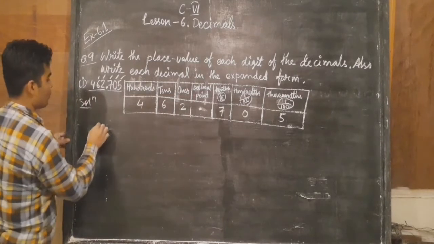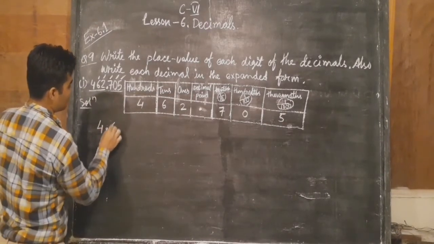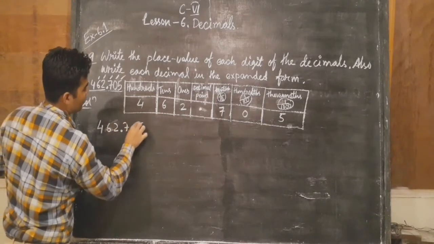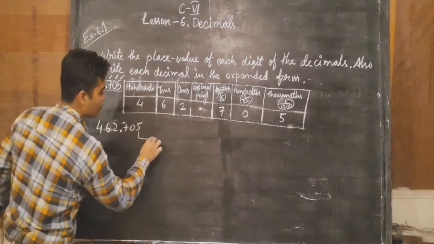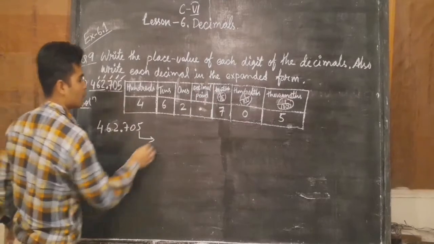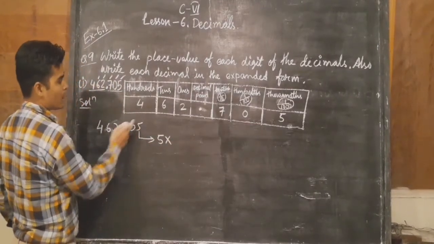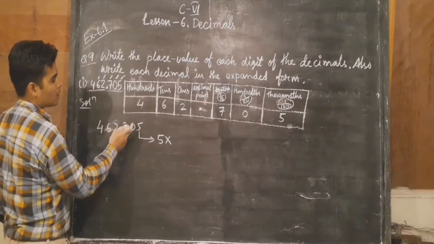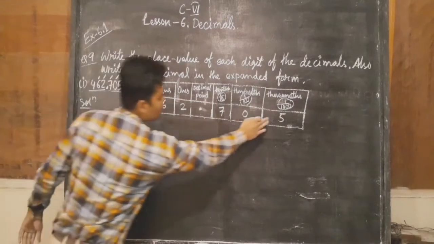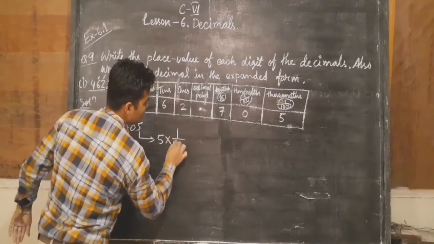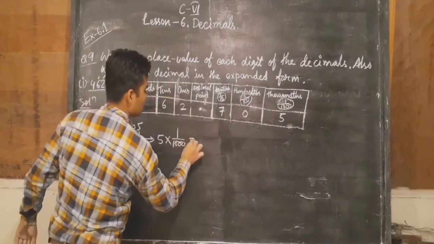Now, if you find the place value of each digit of 62.705, first we move from the right side. The place value of this digit will be 5 into, which place is this in? 10, 100, 1000. You can see 5 is in the 1000 place. So we have to multiply 1 by 1000 to this digit.